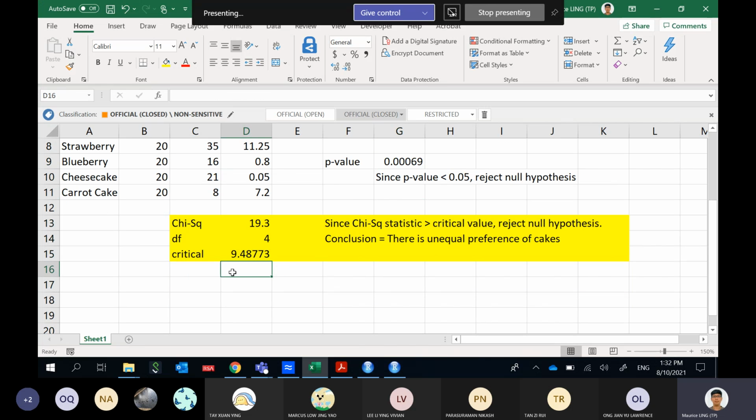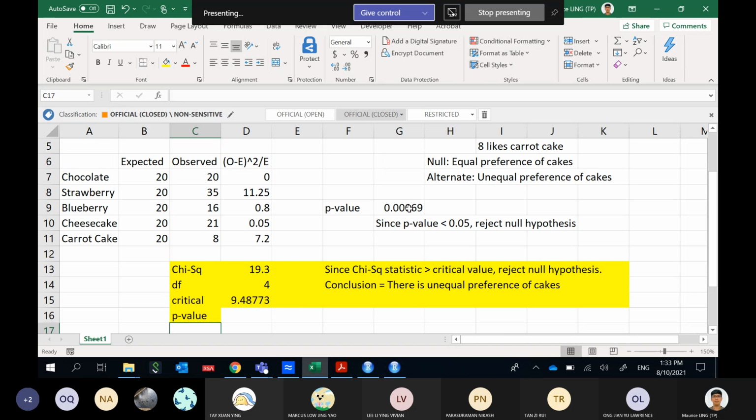Are you able to find out the p-value? Can you find out the p-value from these numbers here? There's a function to find out actually. So let me just check.